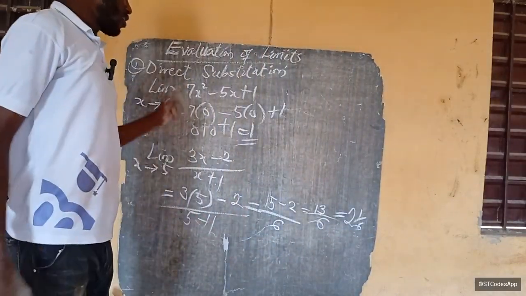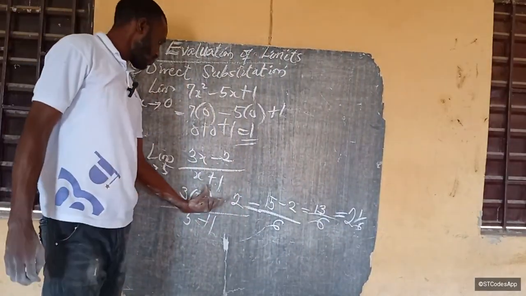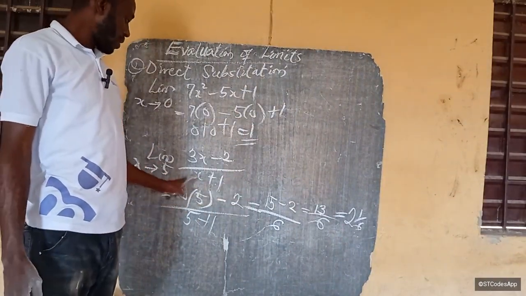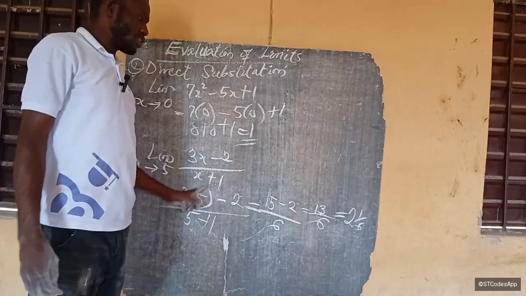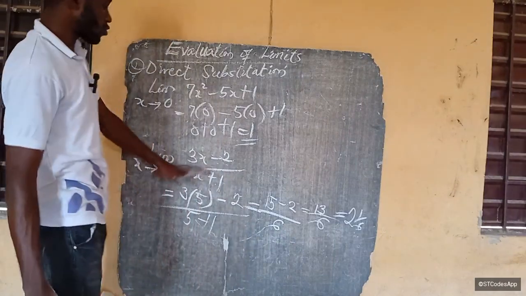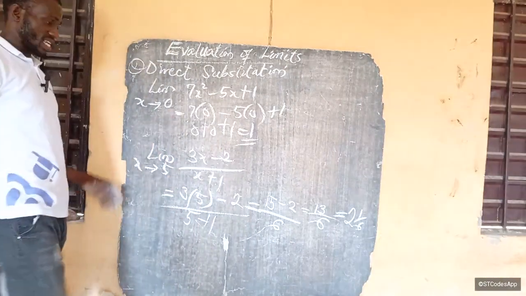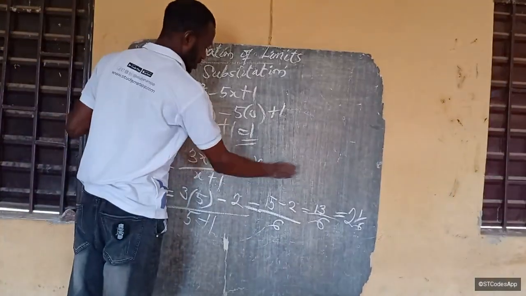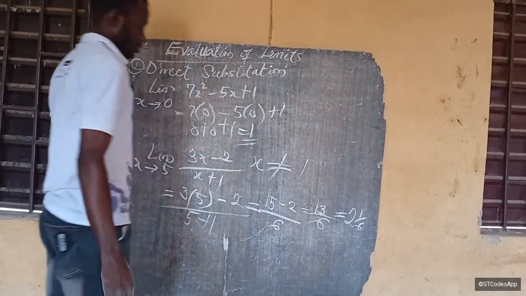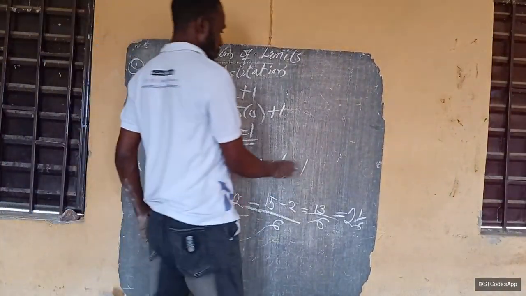This works insofar as you do not get 0 in your denominator. That is, direct substitution will always work for this if x is never equal to minus 1.